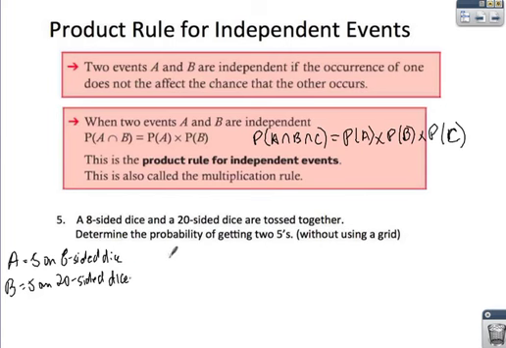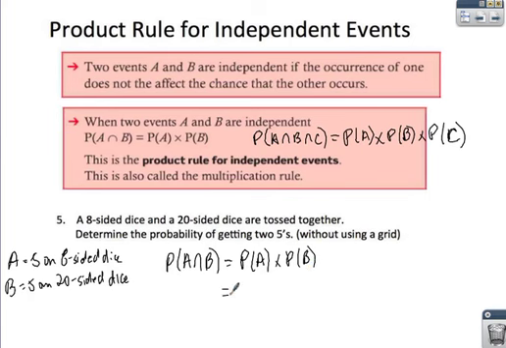So now, what we want is the probability of A and B, getting a 5 on the 8-sided dice and a 5 on the 20-sided dice. And again, the formula that we'll use is P(A) times P(B). Now it's important to stress here too that we can only use this formula if we know that the 2 events are independent. Think about this: rolling a 5 on the 8-sided dice has no bearing or no influence on whether or not you can roll a 5 on the 20-sided dice.